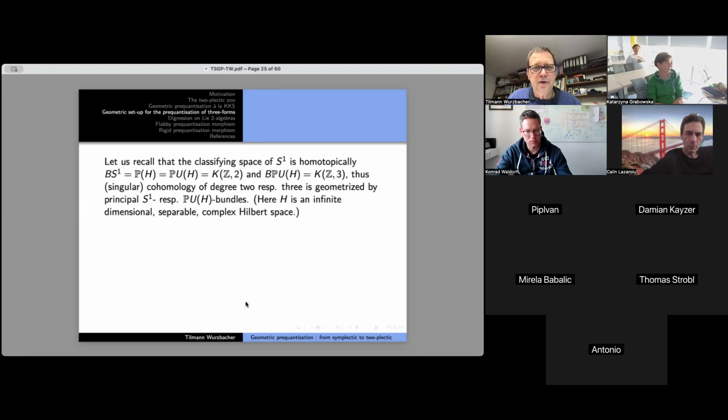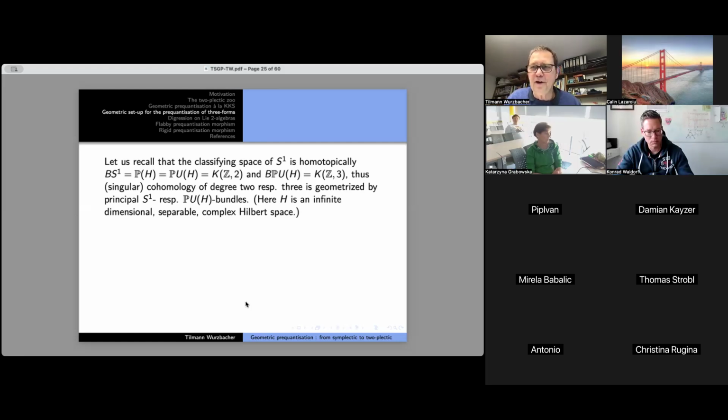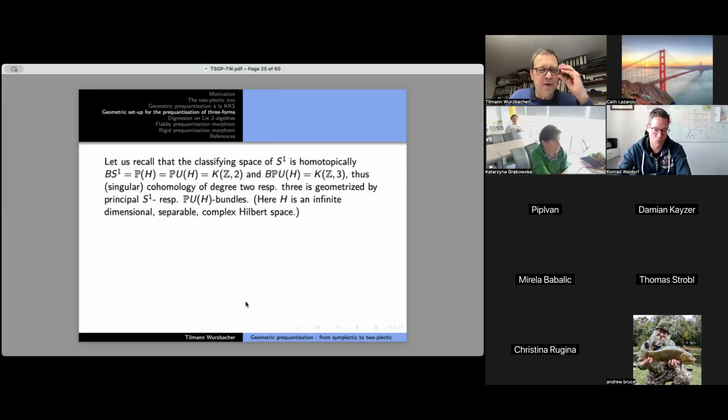So the case of two forms was related to S1 because from a homotopical point of view, in the classical sense, this is not higher geometry, this is classical homotopy theory. The classifying space of the topological group S1 is the projective space of an infinite dimensional separable complex Hilbert space, or if you want, it's a projective version of the unitaries on this Hilbert space.